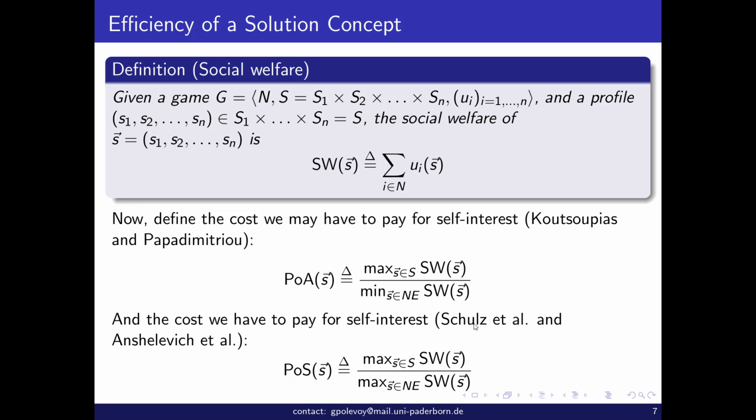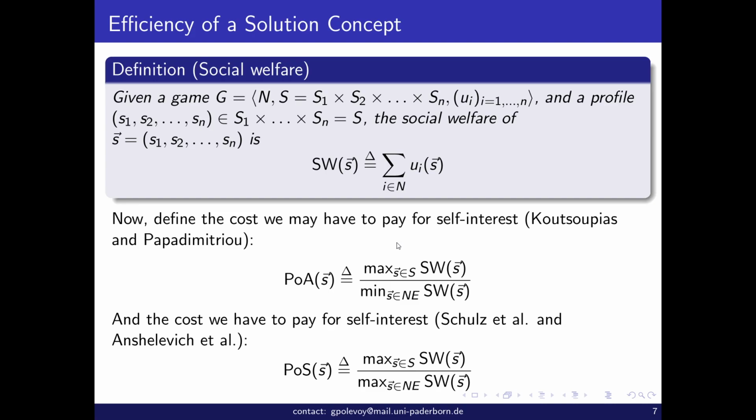Now, in order to speak about what we lose in an equilibrium, what we lose because we have constrained ourselves to think that the players are going to play the Nash equilibrium, we need to define the notion of the social utility, not the personal, but the social utility from a given profile. It's called social welfare, and we use a very classical notion of it.